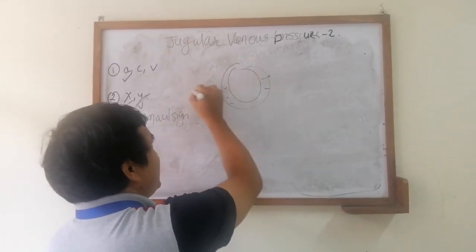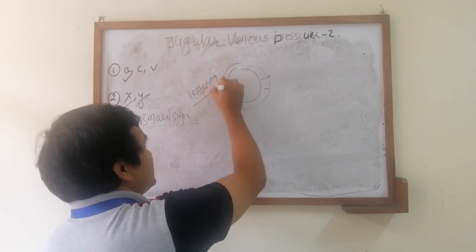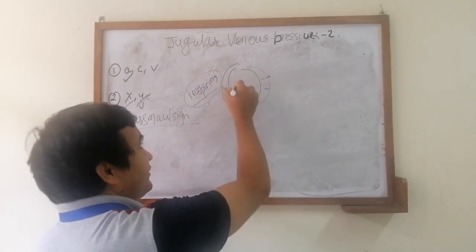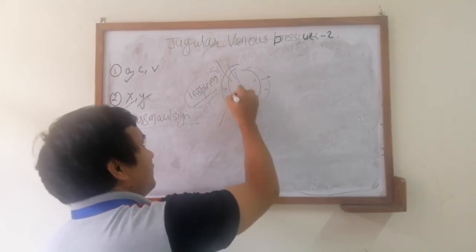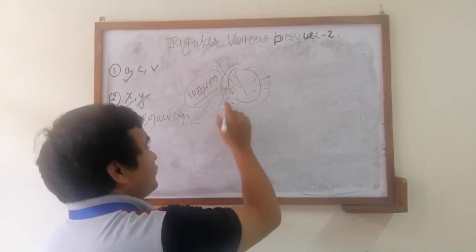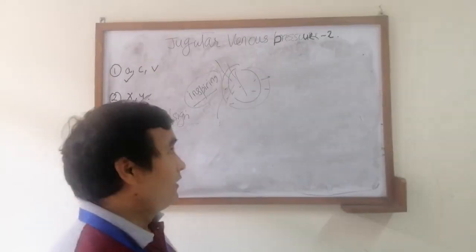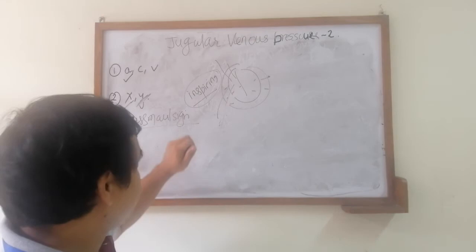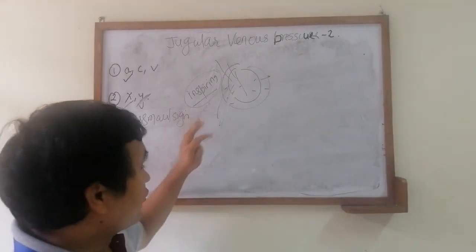When it drops the intrapericardial pressure, it will suck the blood from the vena cava, and it will drop the pulsation at the internal jugular vein by more than 3 centimeters. This is a normal phenomenon.